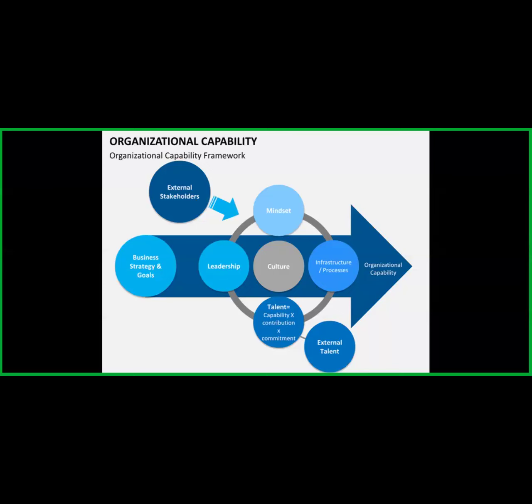Then how should the mindset of the organization be? Mindset again plays a very important role. First you need to believe that yes, your organization is able to achieve this goal in this particular situation also.